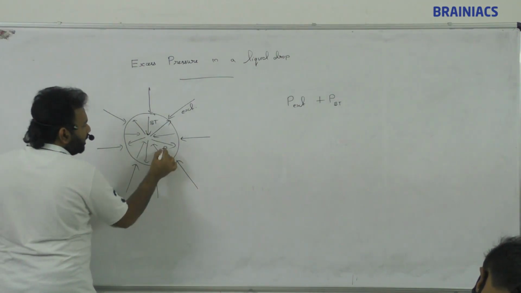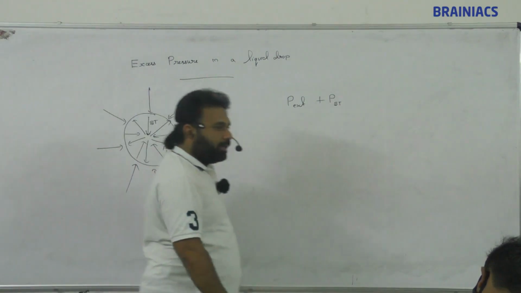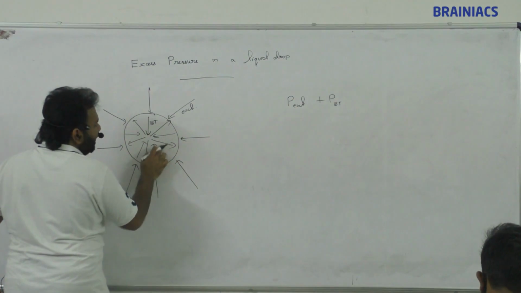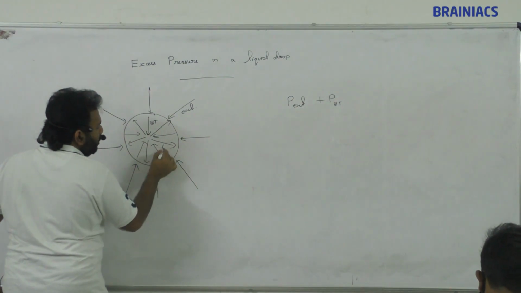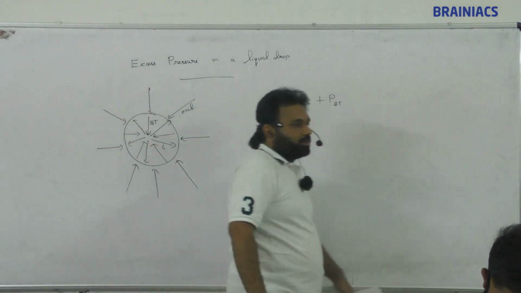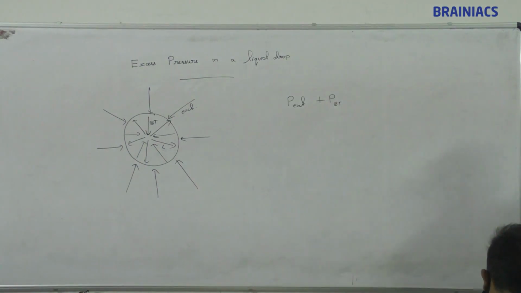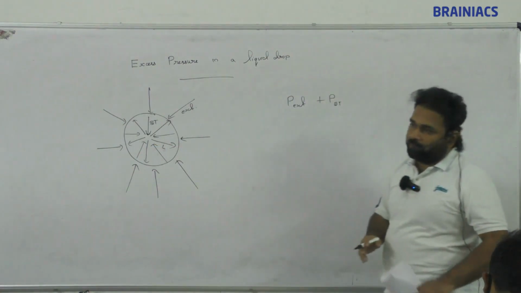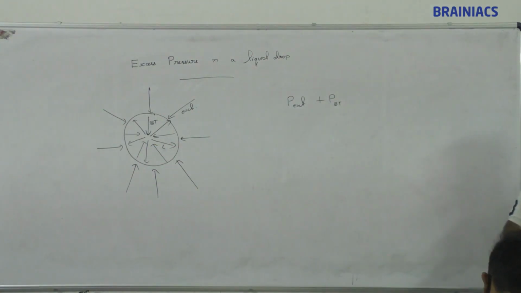In the outer direction, this is due to liquid pressure. Since they are acting on the same surface area, I can show the direction of force. Clear or what? Clear? Okay, note it down. If you do not know, please note it down. If you know this, leave it.